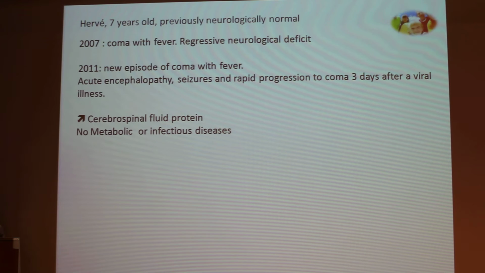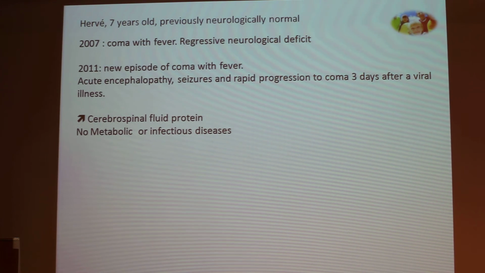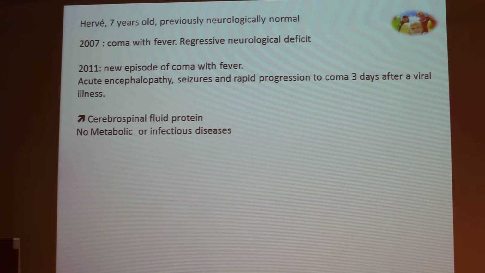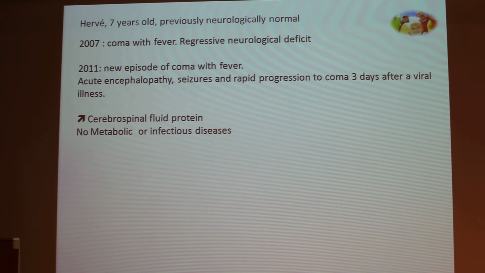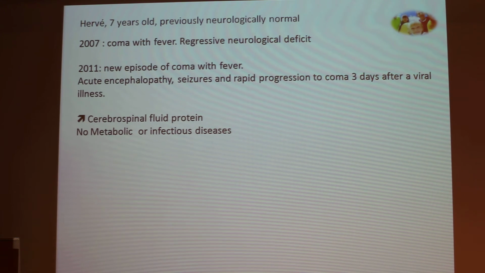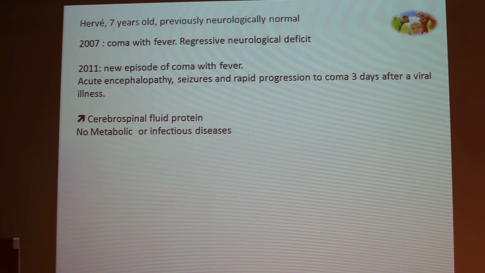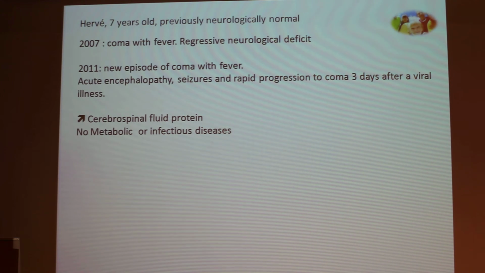Hervé is 7 years old and previously neurologically normal. He has in 2007 a coma with a fever, and he has a regressive neurological deficit. It is very important, this story. And after 4 years, he has a new episode of coma with fever. He has an acute encephalopathy, seizures, and rapid progression to a coma 3 days after a viral illness.